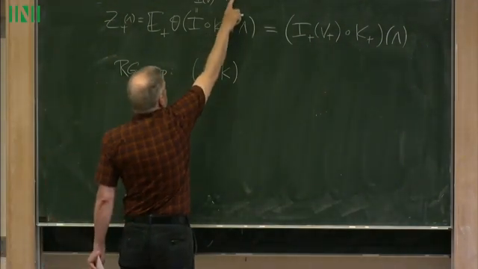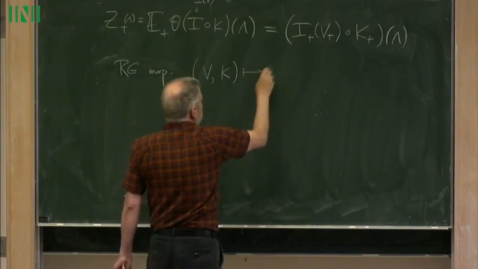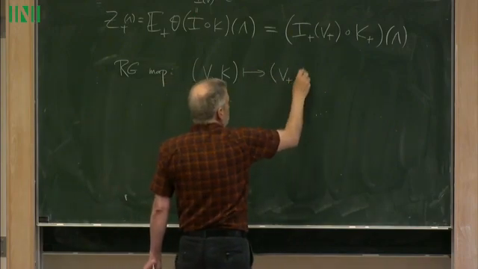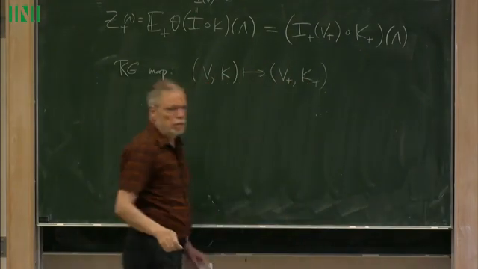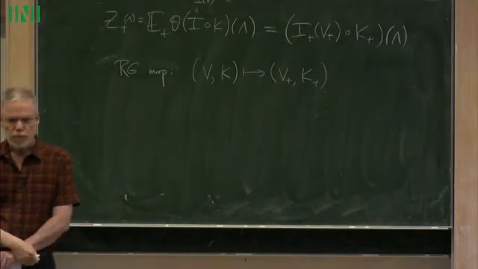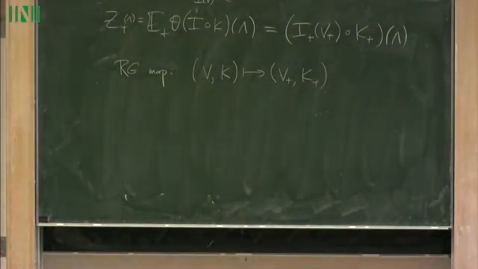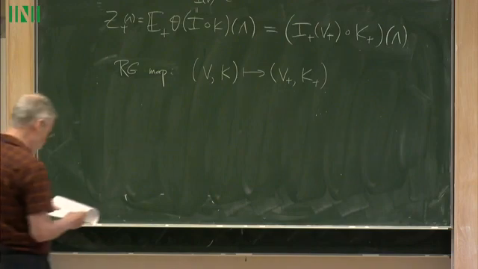That takes this initial v and the k to the new one. So there's a v and a k which describes the system at scale j. It will map to a new v, which will have something to do with perturbation theory, of course, and a new k that describe the system at the next scale after one scale has been integrated out.